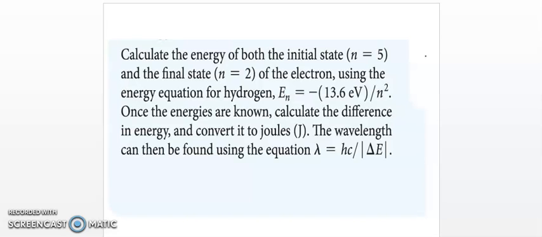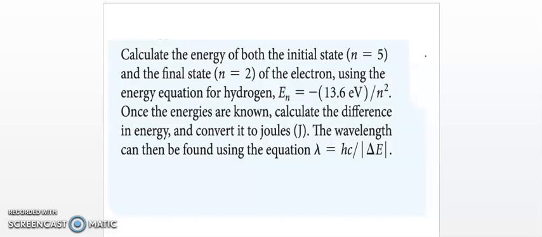Using the energy equation of hydrogen, En, the energy of hydrogen, is equal to negative 13.6 electron volts, that is eV, divided by n squared.